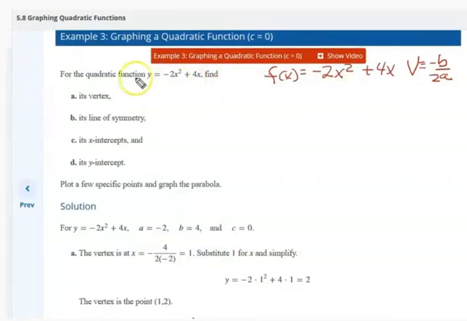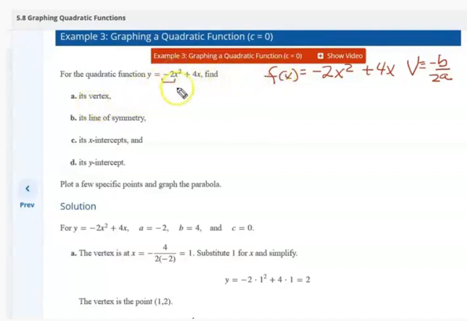Going on now to example 3. Here's the quadratic function. Notice they switch off from y, and f of x can be replaced anytime. Now notice our a value here is negative. So here the parabola is going to open downward, and our maximum is the vertex.